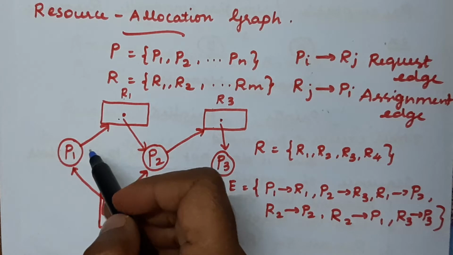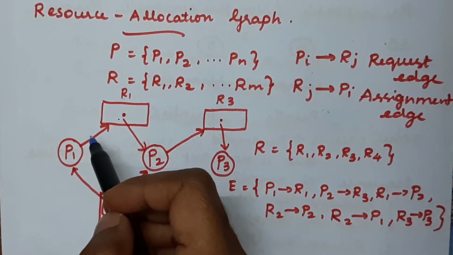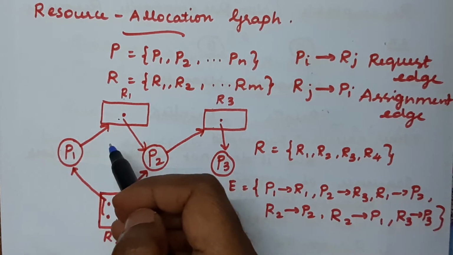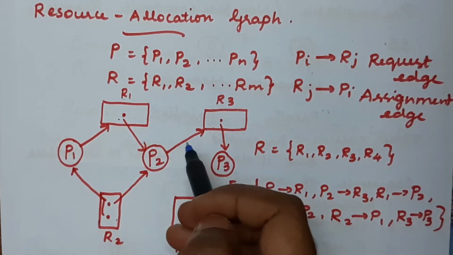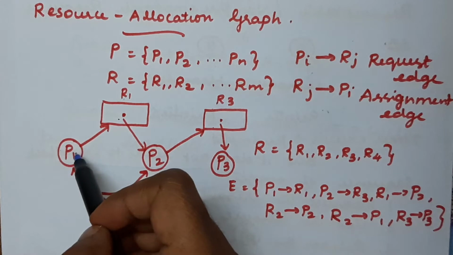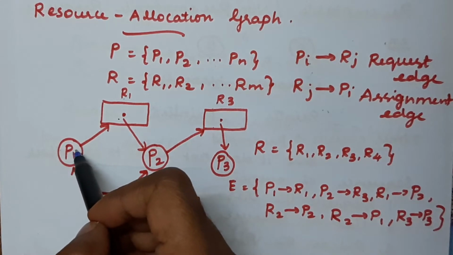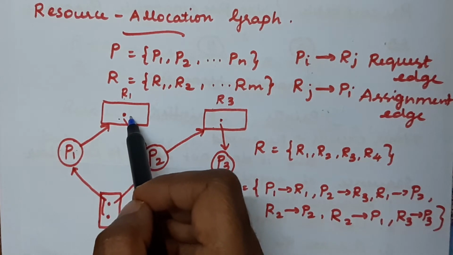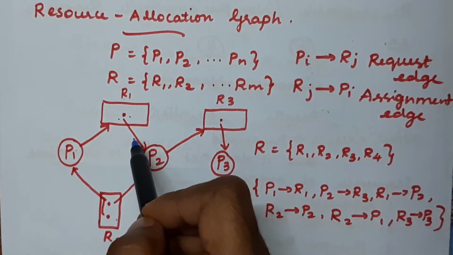Now we have edges, and we may have the request edge and also the assignment edge. A request edge is a directed edge from a process to a resource, and an edge from a resource to a process is an assignment edge.